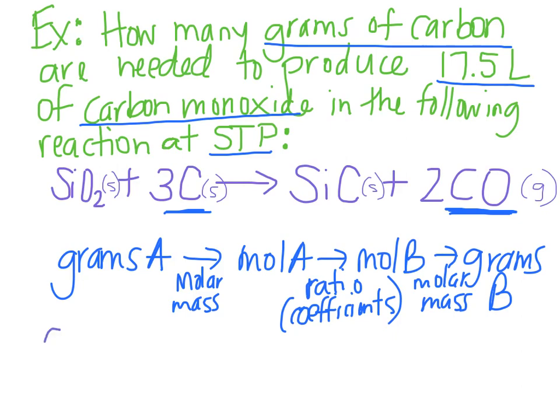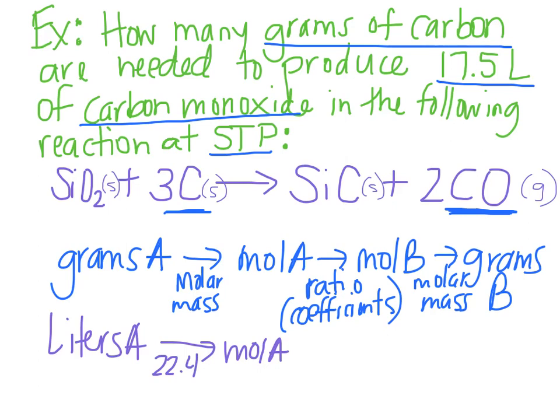So we are actually going to be starting out with liters of A, and then we're going to convert to moles of A. And the way that we're going to do that is we are going to use that conversion factor of 22.4 liters per mole.